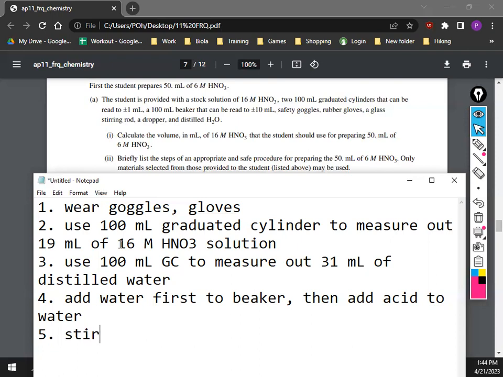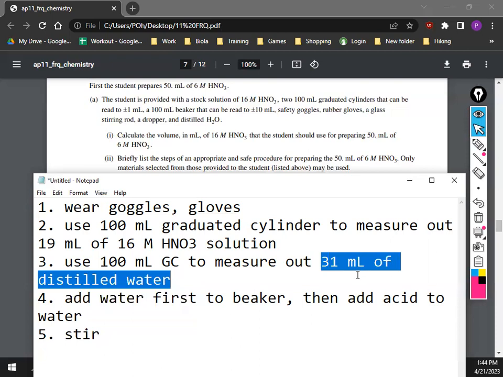Again, there can be a little bit of variation. The key thing here, as I take a look at the key, is that you want to add, this is the thing that they're looking for, water first, acid second. And then the other point was right here, 31 mils. Yes, water first, acid second. Acid to the water.